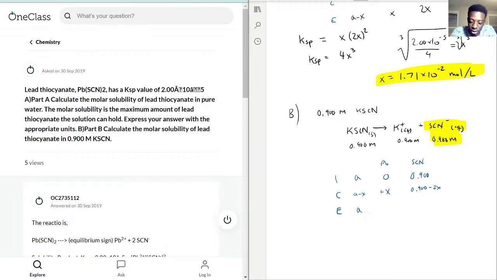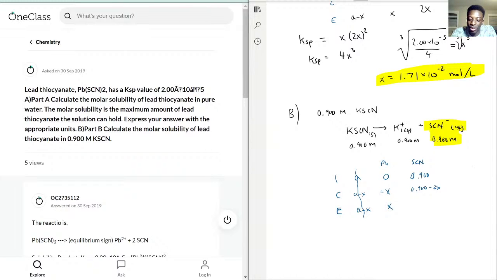And here again, this one is not relevant. We don't really need this part. This one's still going to be x. Now here is where it matters. You can see in our last question, what we really got here in this theoretical x was 0.0171. This is going against the 0.900, okay, theoretically. That doesn't stand a chance.